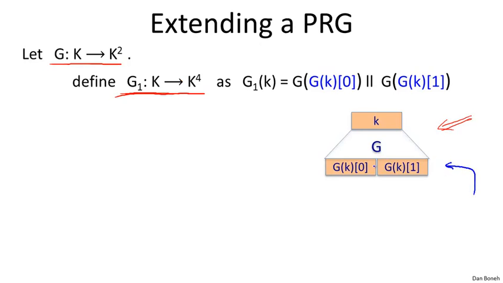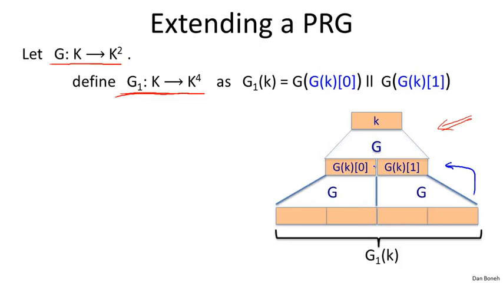Well, if the output looks like 2 random values in K, we can simply apply the generator again to those 2 outputs. So let's say we apply the generator once to the left output and once to the right output. We're going to call the output of that, this quadruple of elements, G1 of k. I wrote down in symbols what this generator does, but you can see from this figure exactly how the generator works.